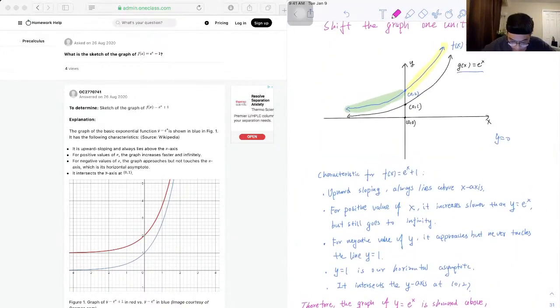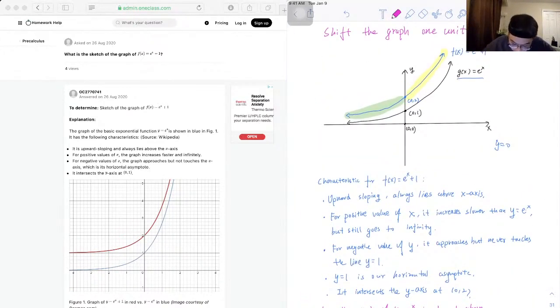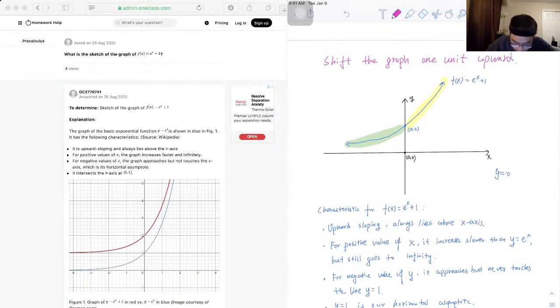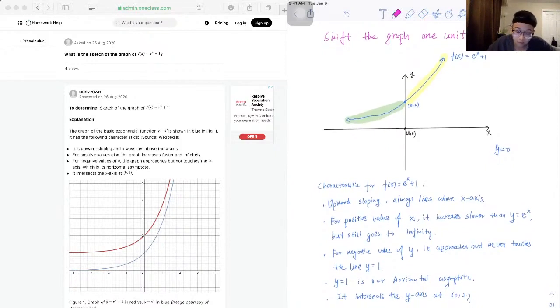Right. So let's just leave the f(x) sketch on the graph. And let's draw the horizontal asymptote as well. So that's y is equal to 1.